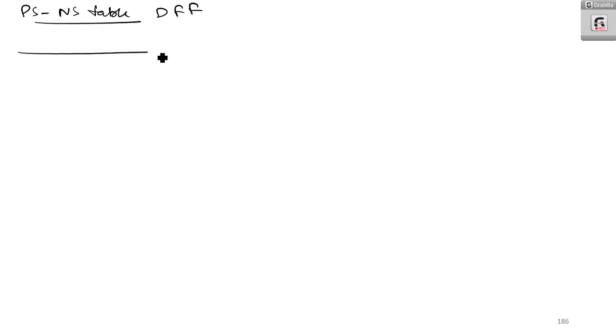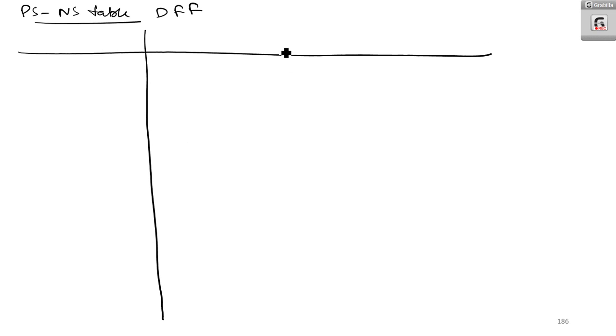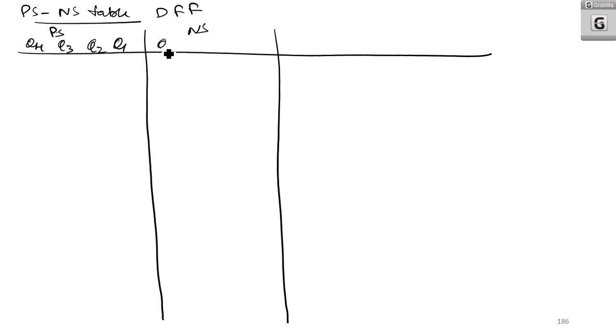So coming into the table, we are having present state, next state. We are having Q4, Q3, Q2, Q1, Q4, Q3, Q2, Q1, and D4, D3, D2, D1. So we should write all the states from 0 to 15 directly.